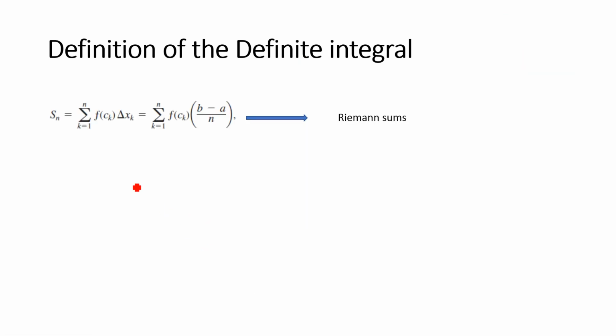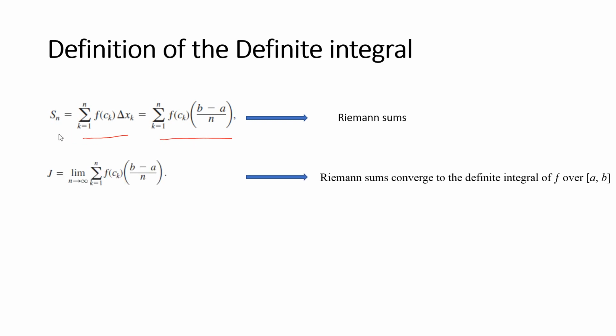Now, if this sum is considered for a partition of equal widths, then S_n is equal to this. These are the two different forms of the Riemann sum. For equal widths of rectangles, we have J equal to the limit of this Riemann sum as n approaches infinity. n approaching infinity means the number of subintervals, or the number of rectangles, is infinite.